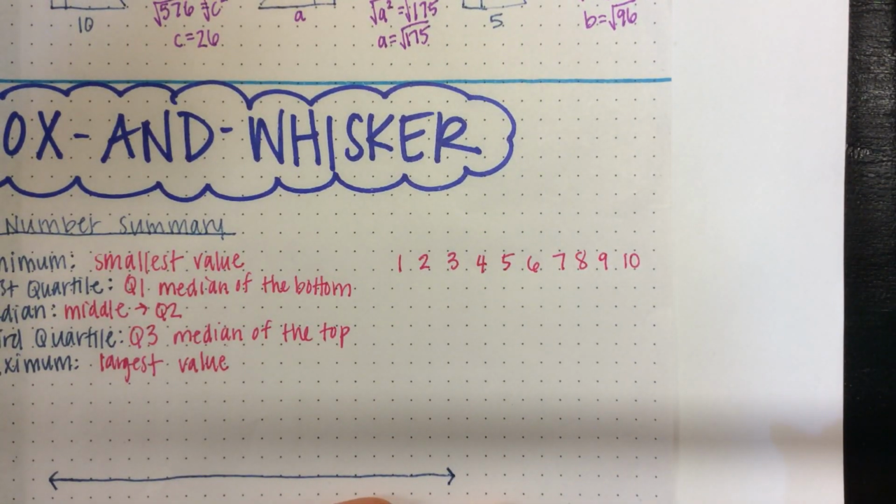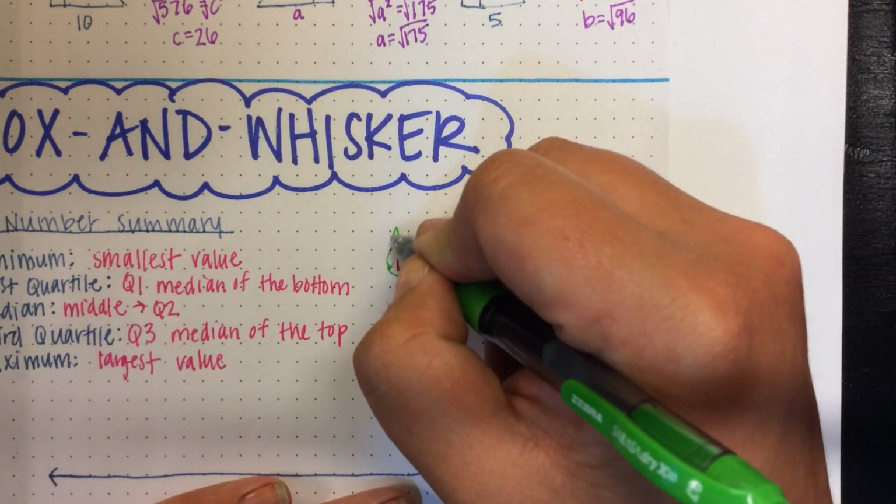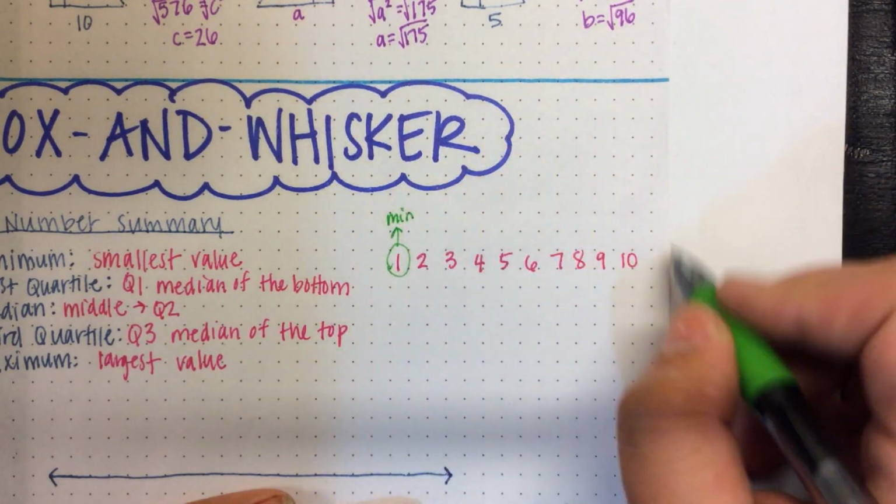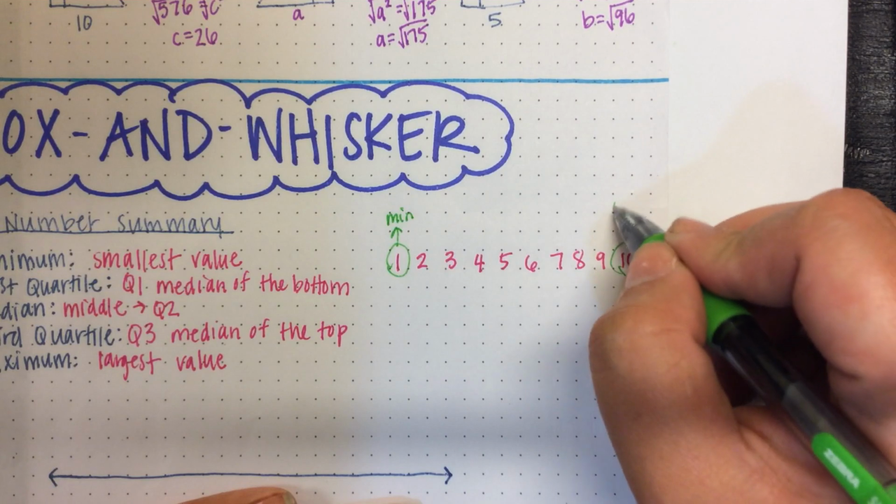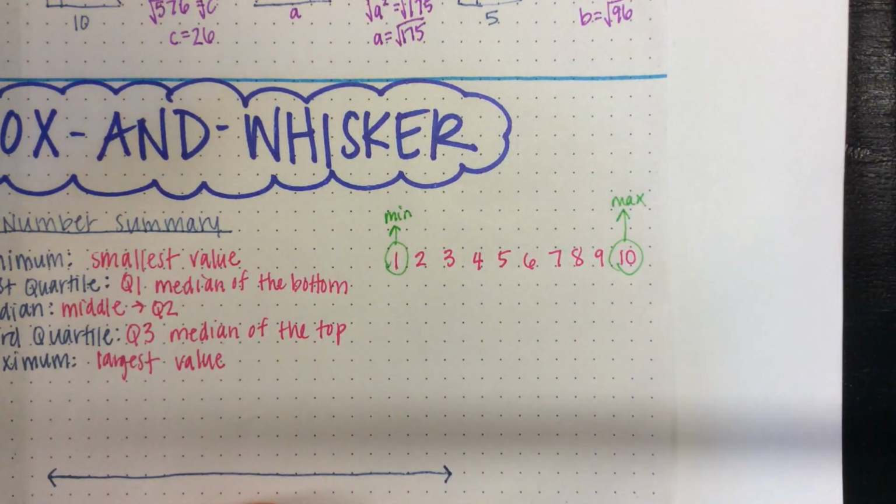Okay, we're going to review finding the median and stuff, but the easy ones are the min and the max. So I know right off the bat, 1 is my minimum, 10 is my max.